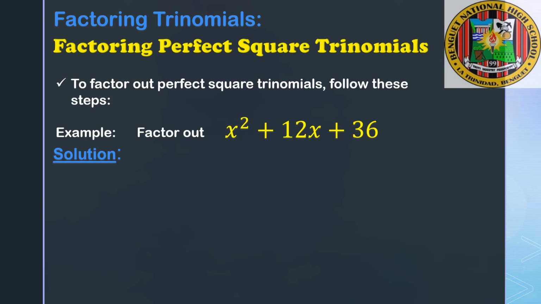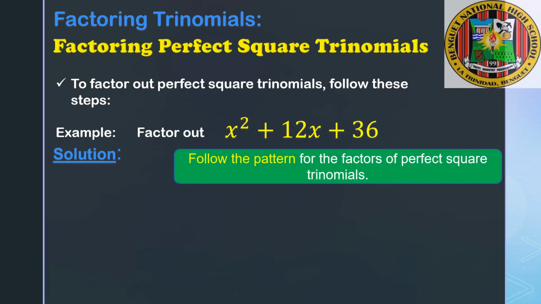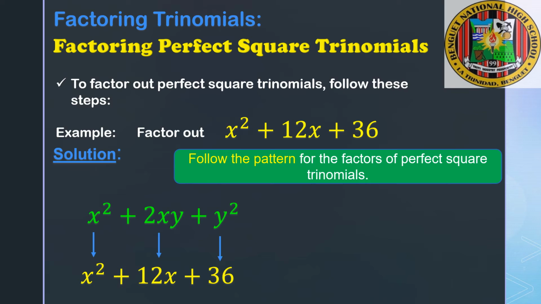Now that we know that we are solving for the factors of a perfect square trinomial, we follow the pattern for the factors of perfect square trinomials. Given the PST, x squared plus 12x plus 36, we are going to use the square root of the first term, here represented by x, and the square root of the last term, represented by y, as the first and last terms of the binomial factors.